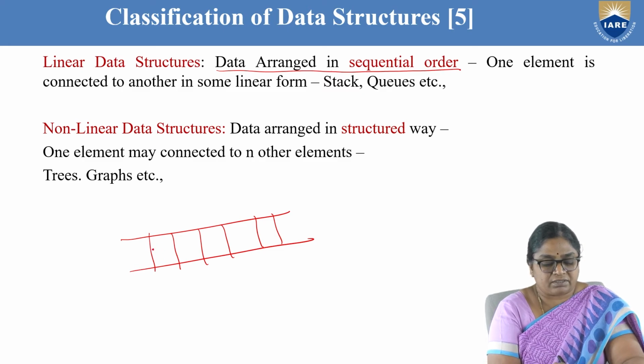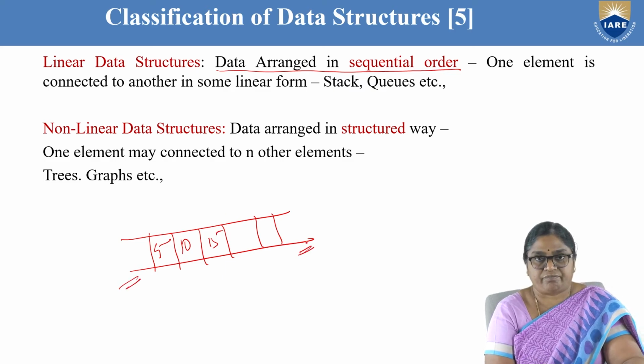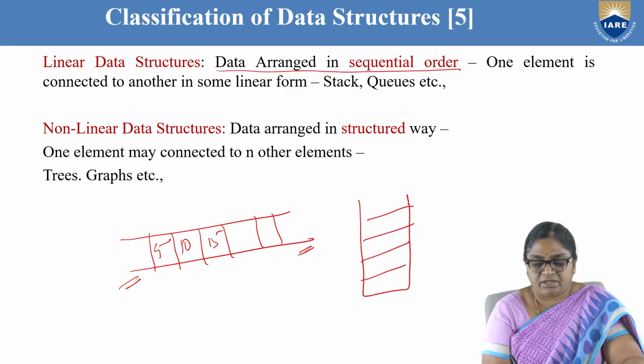Every element will have one predecessor and one successor, except the first one and the last one. Similarly for a stack, every element will have exactly one predecessor and one successor, except for the first one and the last one.